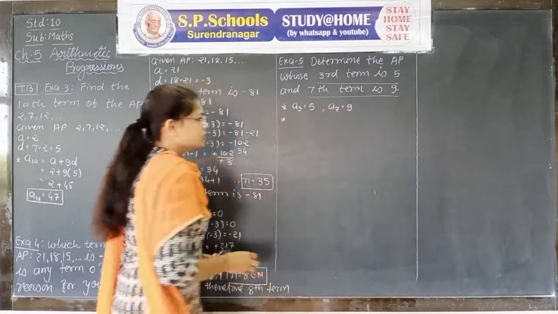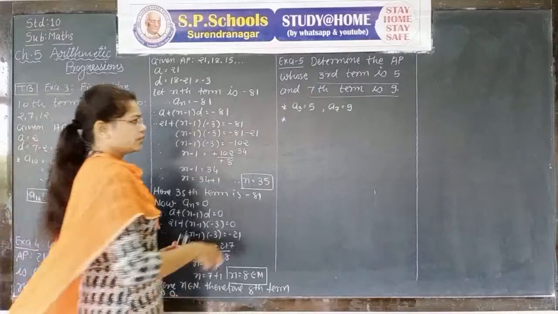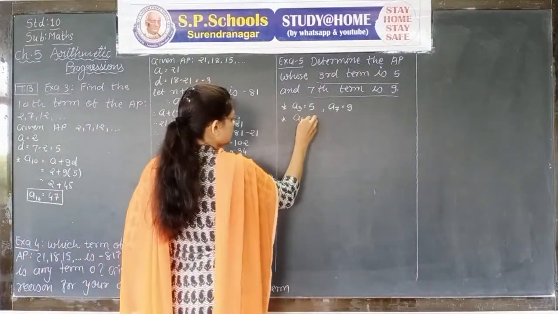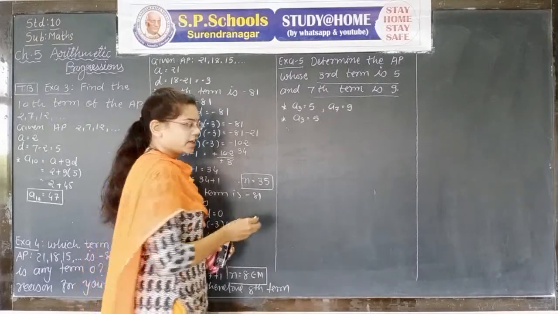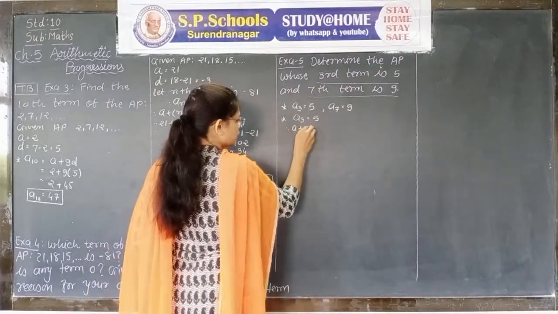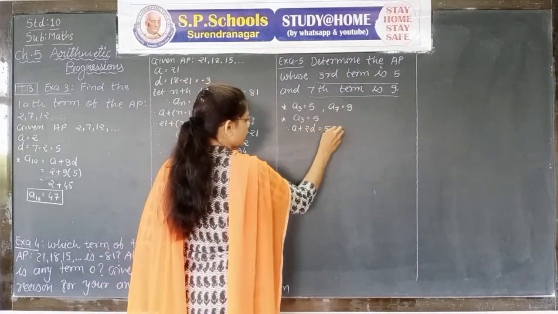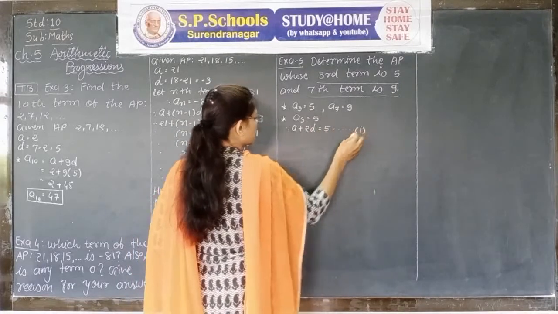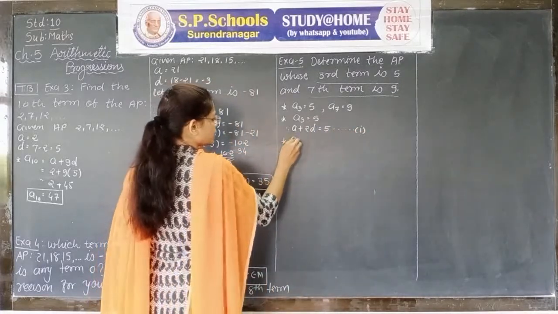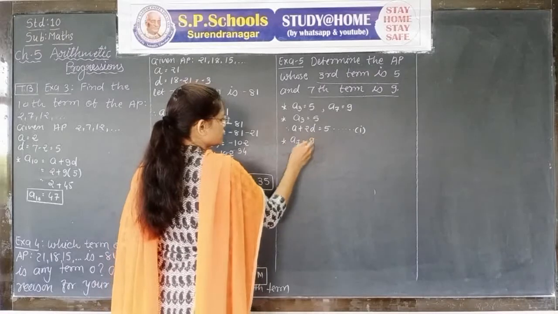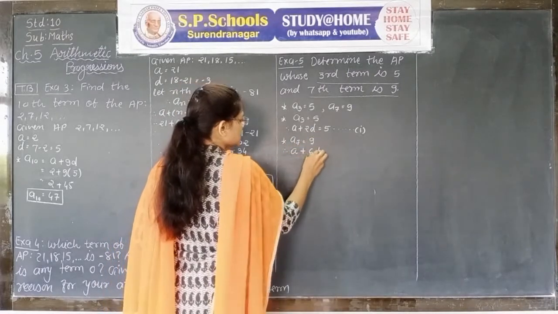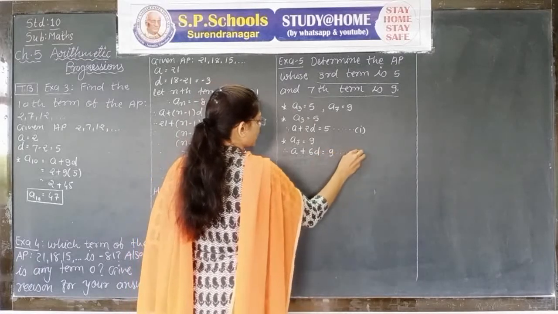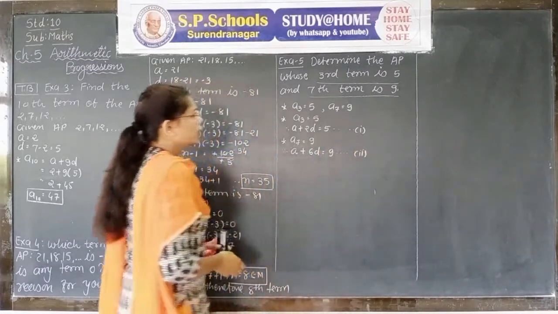We are using the third term a3 is equal to 5 first. We know a3 written in form of a and d is a plus 2d is equal to 5, which is our equation number 1. And the next one, a7 is equal to 9. That's why instead of a7 it is a plus 6d is equal to 9, which is our equation number 2.